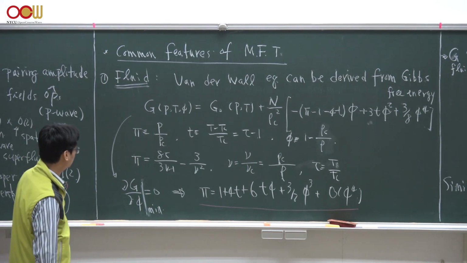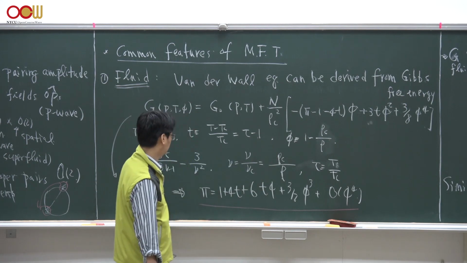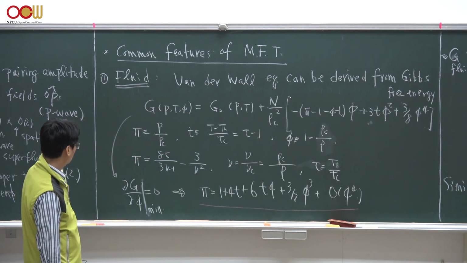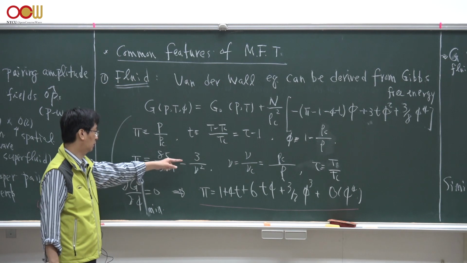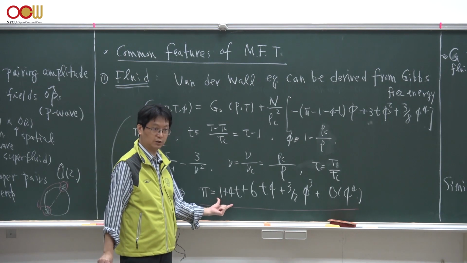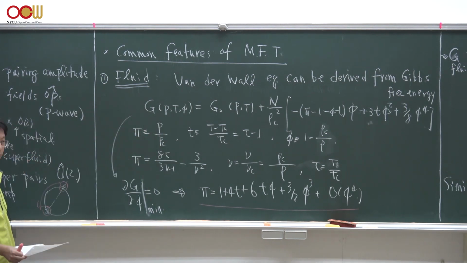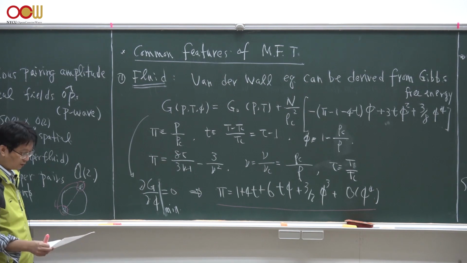And here I define this nu, which is again rho c over rho, and pi is written in terms of those rho c over rho, and we could have such an equation of state, which is obtained by minimizing the so-called Gibbs free energy of the system.